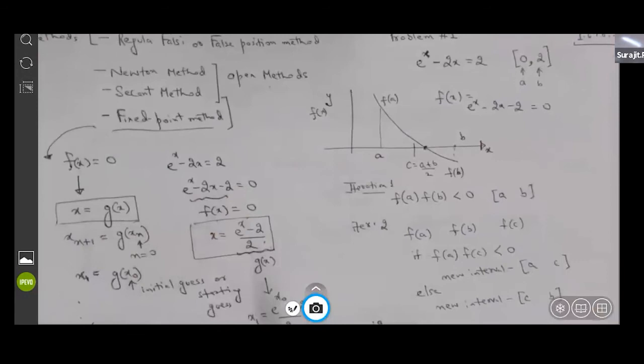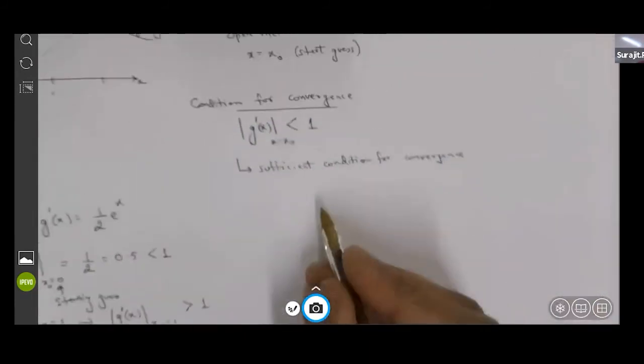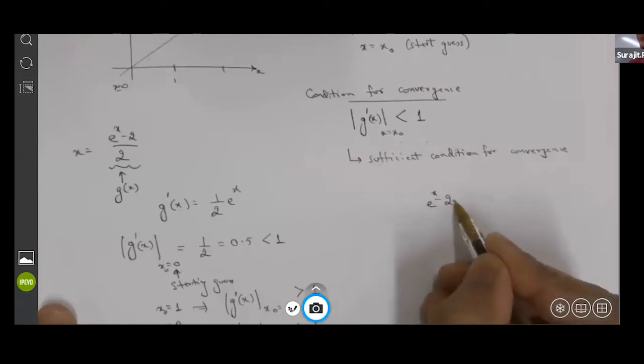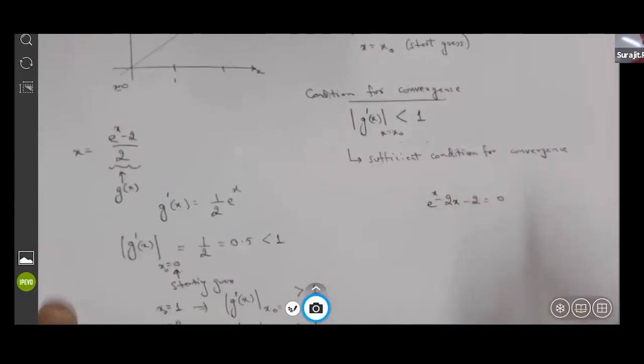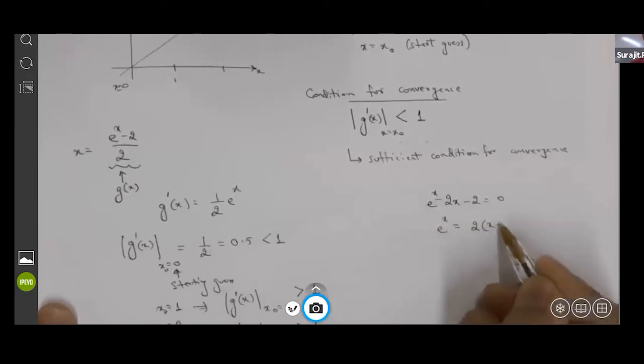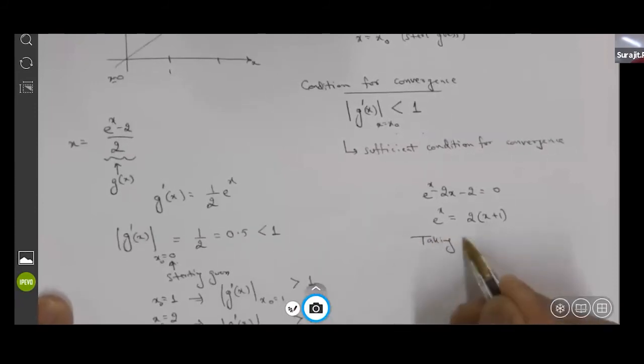For example, I take this equation, e to the x minus 2x minus 2 equals 0, and I write it as e to the x equals 2x plus 1. And I take the natural logarithm on both sides.